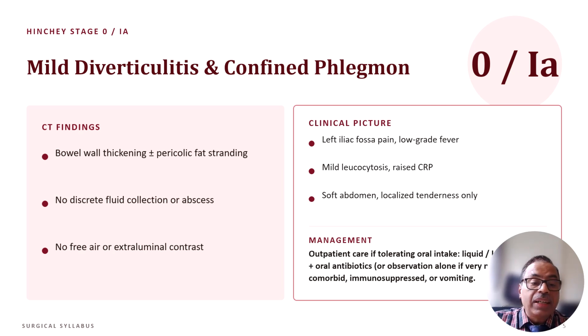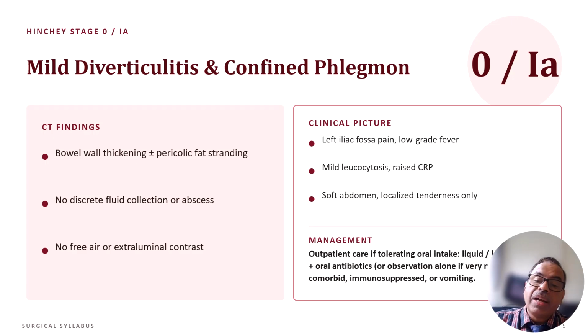But there definitely would not be any discrete fluid collection or abscess and no free air or extraluminal contrast. So it just signifies a severe inflammation where there is no perforation of the bowel, but just a significant inflammation leading to fat stranding, and there is no free air or extraluminal contrast.